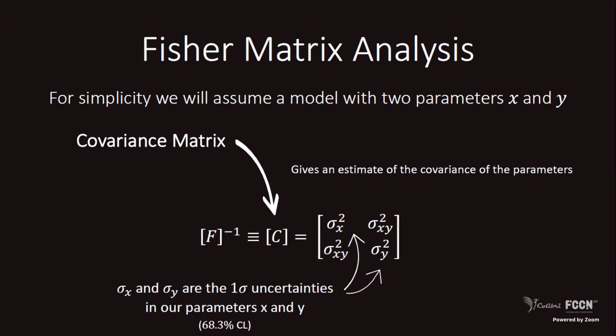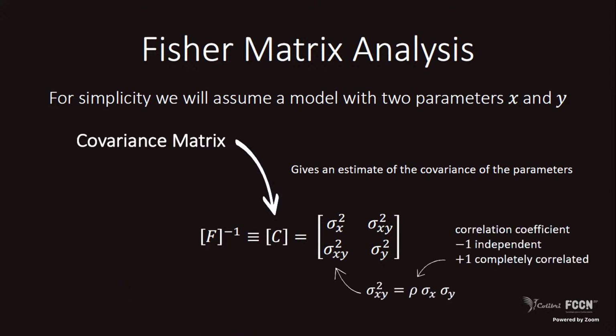But to simplify our life, I will assume a model with two parameters, x and y, and you can see only two parameters here. And sigma_x and sigma_y are the 1 sigma uncertainties that correspond to 68.3% of our confidence level in our parameters, x and y, that we have assumed. So this covariance matrix gives us an estimate of the covariance of our parameters. So with this covariance matrix, we can also, oh, sorry, I forgot to tell you this.